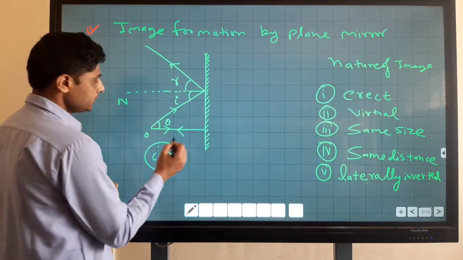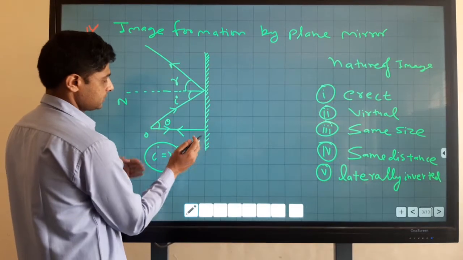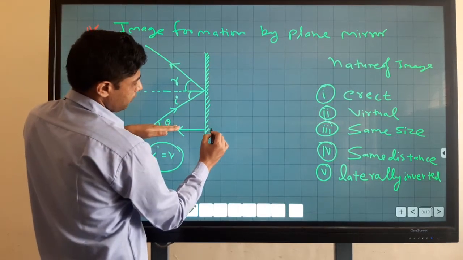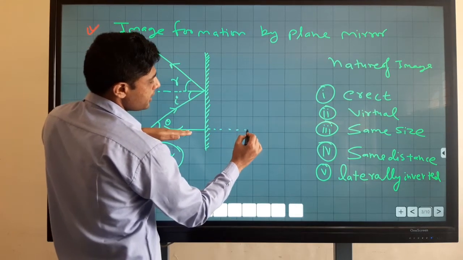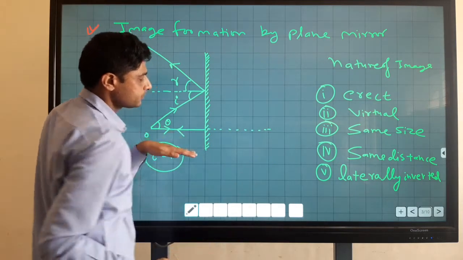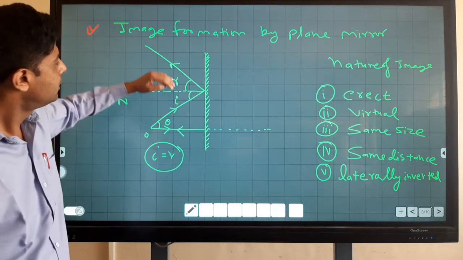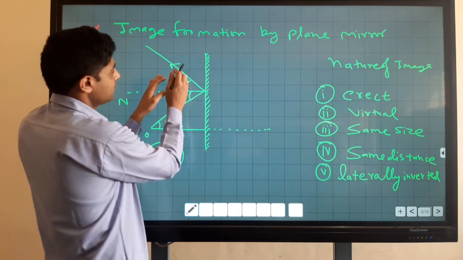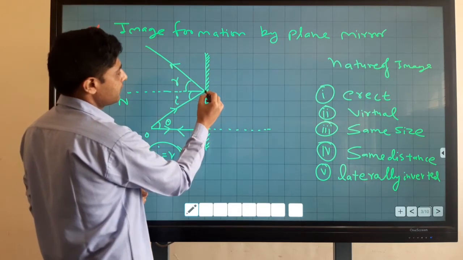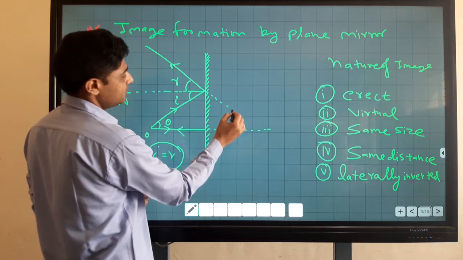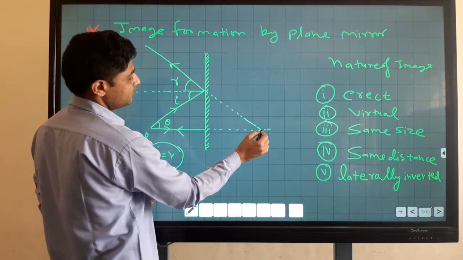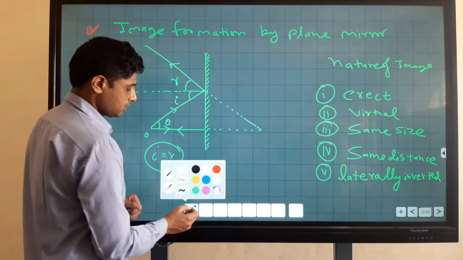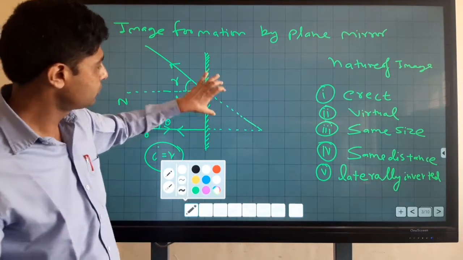Okay, if we draw the incident line in the forward direction behind the mirror, and draw a line in the backward direction from the reflected ray, then there is an intersection of the two rays.